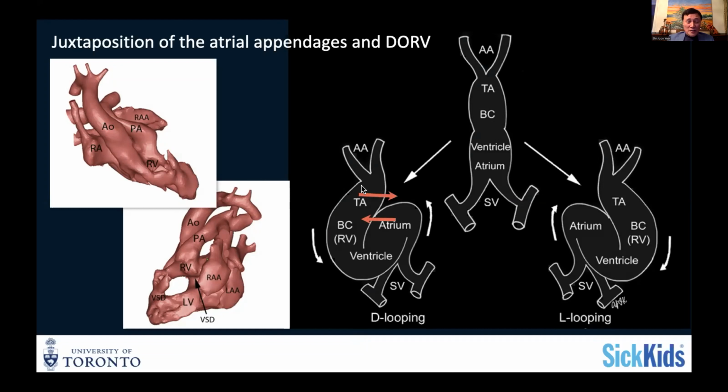DORV is, in some sense, a failure of moving of the arterial trunk to the left side. Therefore, the atrial appendage remains on the left side of the outlet. So that's why DORV is frequently associated with the juxtaposition of the atrial appendages.